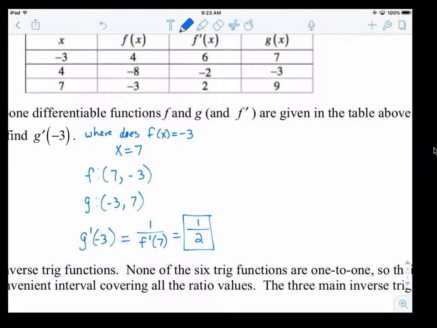X is 7. So they gave you negative 3 for g, right? So you have to say, all right, where does f of x equal negative 3? So they're inverses. So the range of f of x becomes the domain for g.